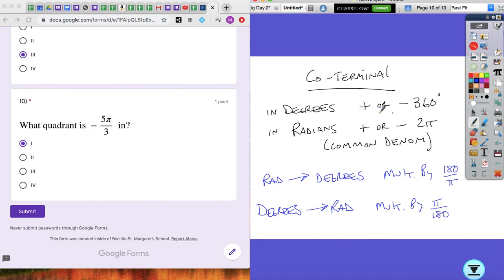So these are helpful things to write down because they're very easy to mix up and get confused. And then the only other thing I can think of is in terms of a picture, quadrant 1 is here, quadrant 2 is here, here's quadrant 3, and there's quadrant 4.